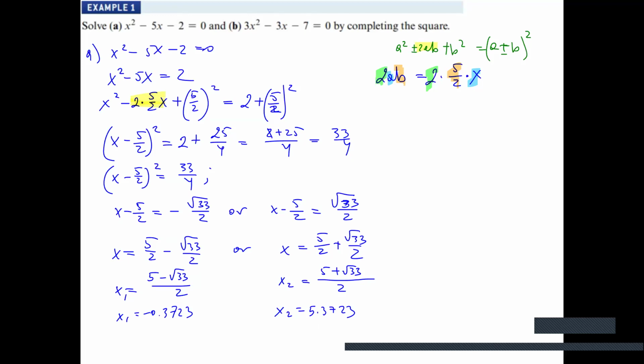So let's practice the other one. So 3x squared, let's do this and have a break, okay? 3x squared minus 3x minus 7 equals 0.